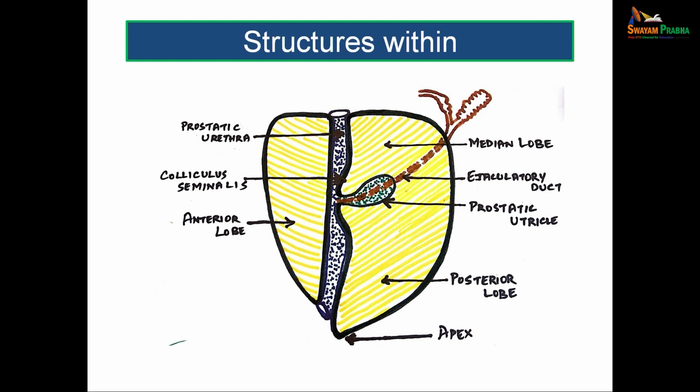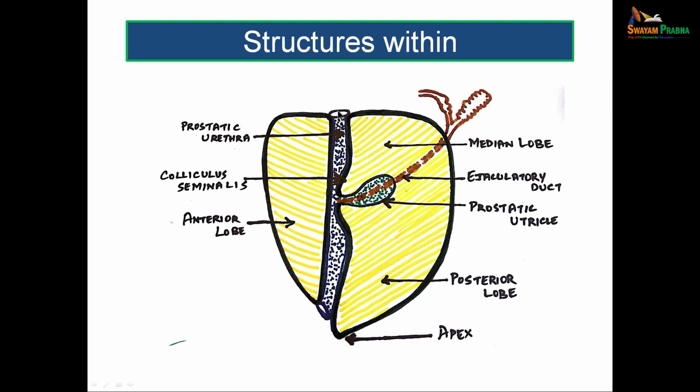You find three structures passing through the prostate gland. The most important one is the urethra. This is the prostatic urethra. The proximal portion of this is pre-prostatic and the remaining is called the prostatic urethra.